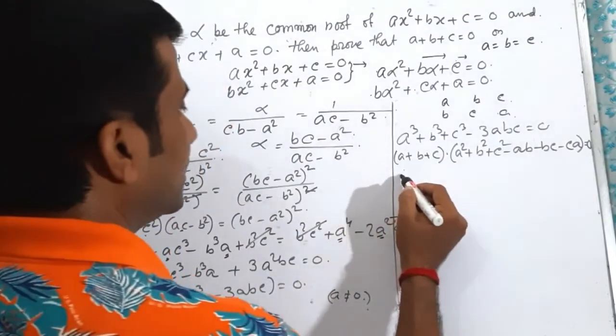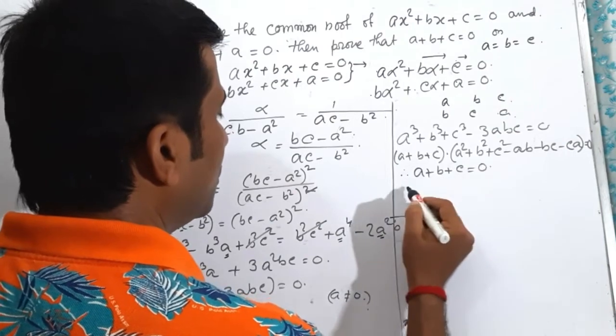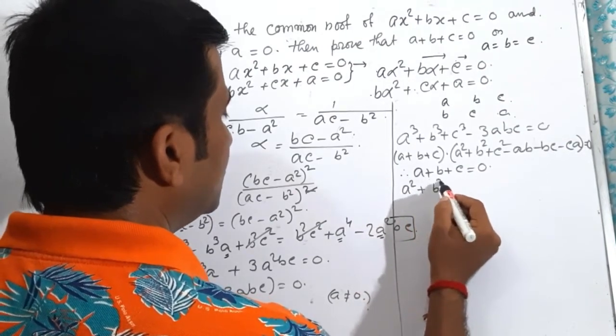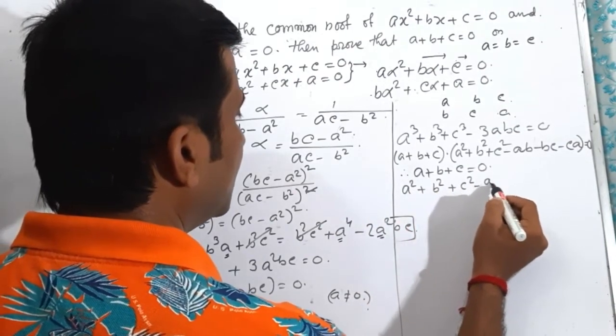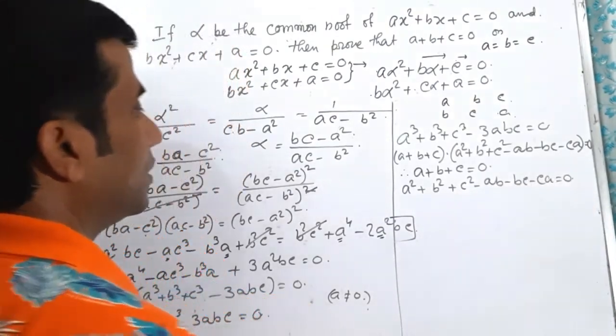From here we get, therefore, a plus b plus c is equal to 0, or a square plus b square plus c square minus ab minus bc minus ca is equal to 0.